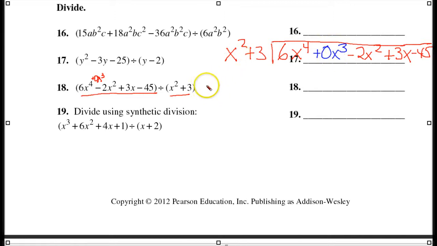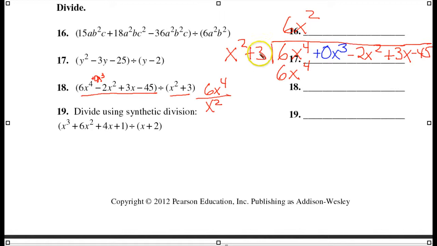So we want to go 6x to the fourth divided by x to the second goes 6x to the second. Now when I multiply x squared times 6x squared, I get 6x to the fourth.